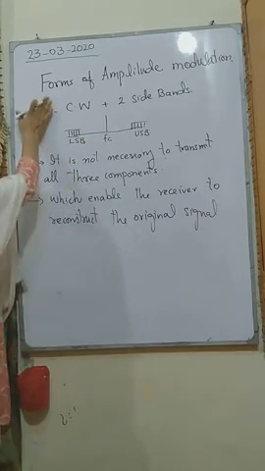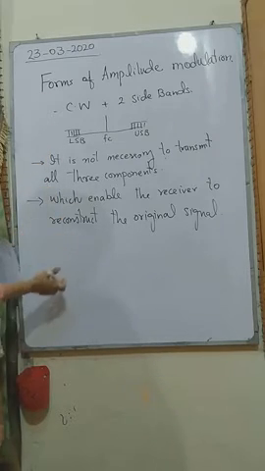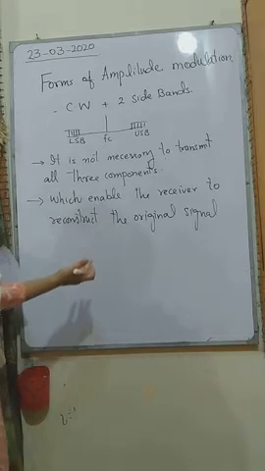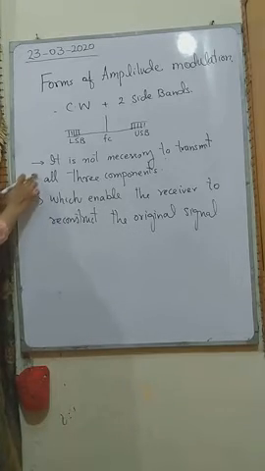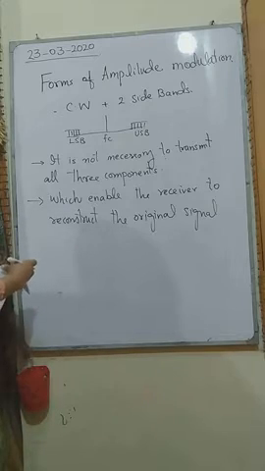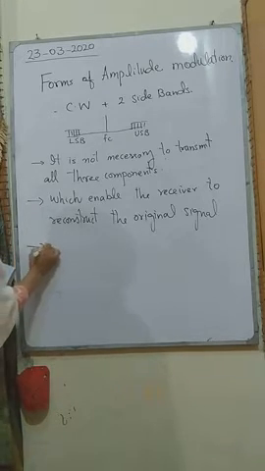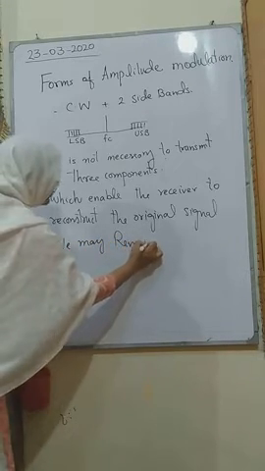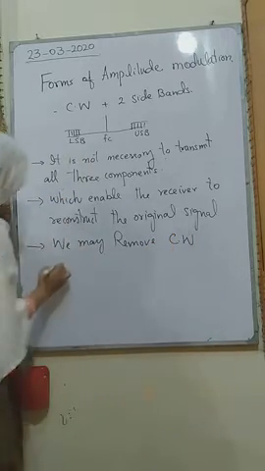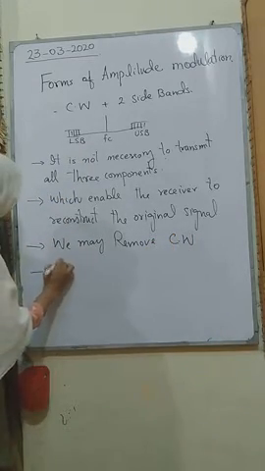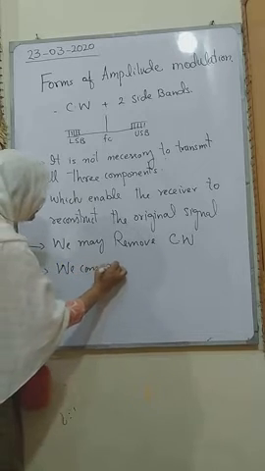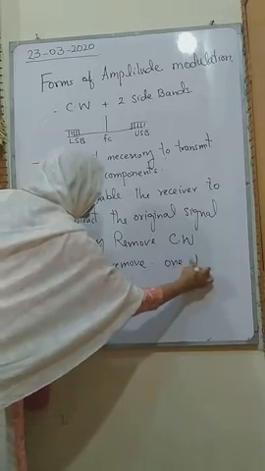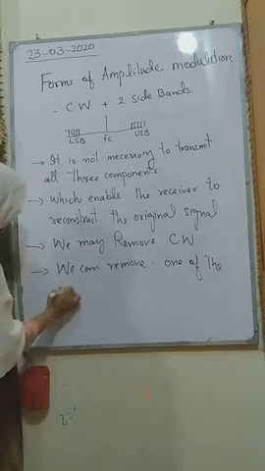So the importance of this form of modulation is that we want to save time, we want to save power, we want to save money as well. These are the factors, and the advantage is that we may remove the carrier wave, or we can remove one of the sidebands.